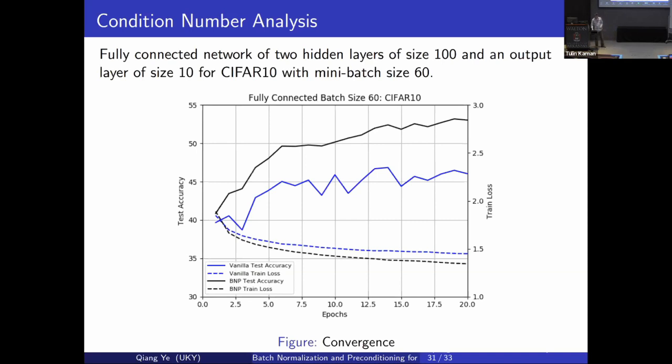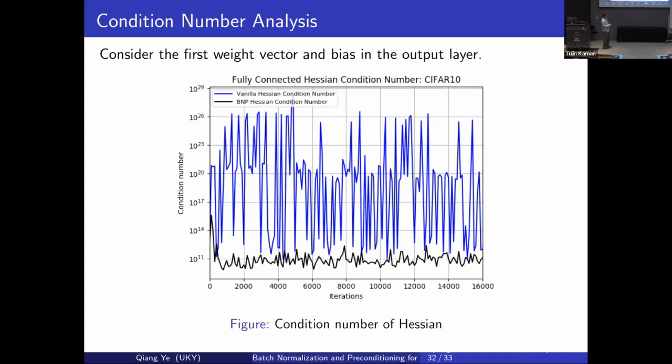If you look at the plot of the condition number, it is still very large, 10 to the 11, but it improved the condition number by roughly 10 orders of magnitude. That's what you would expect when activations vary by 10 to the 10.